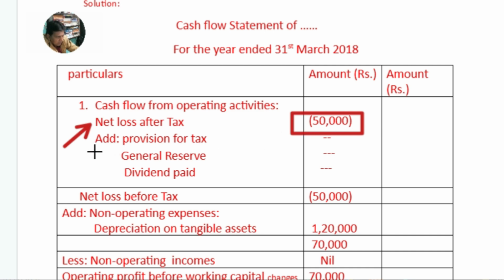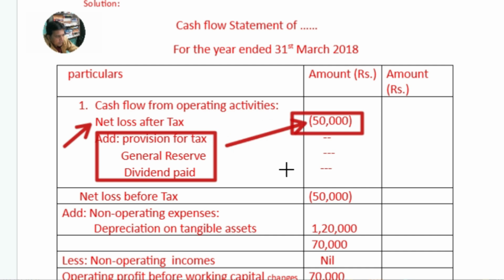And under this, to convert the net loss after tax value into net loss before tax, we add these three items to this value of 50,000.